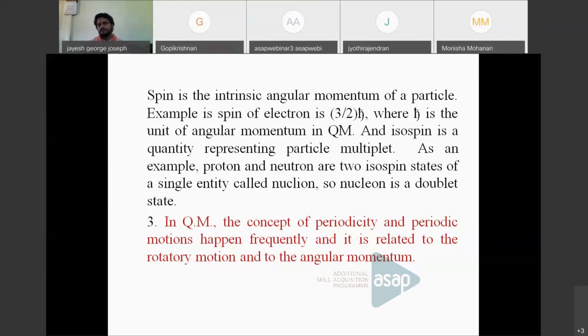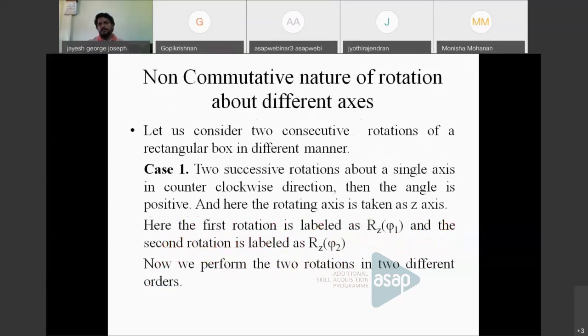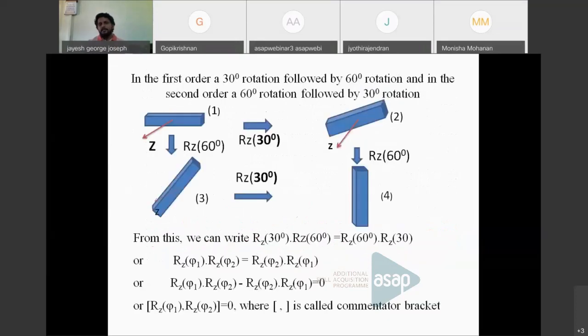So, how to measure orbital angular momentum in quantum mechanics? Orbital angular momentum is not discussed here. This is the general angular momentum theory. Now in order to write the orbital angular momentum, we take the classical equation, that is L is equal to R cross P, and then by taking the postulate of quantum mechanics, that means all the classical quantities are replaced by the corresponding dynamical quantity, and then we get the orbital angular momentum operator.